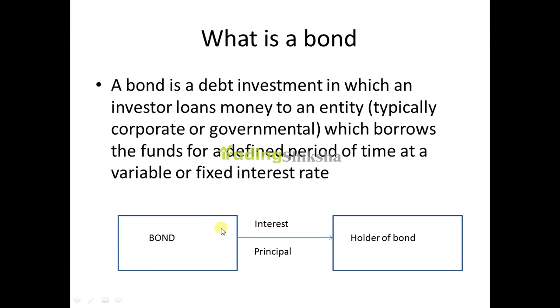So for example, if the USA is the bond issuer and Saudi is the bond holder or bond buyer, then Saudi is loaning money to America, and the USA is paying Saudi some interest and the principal at the maturity of the bond.